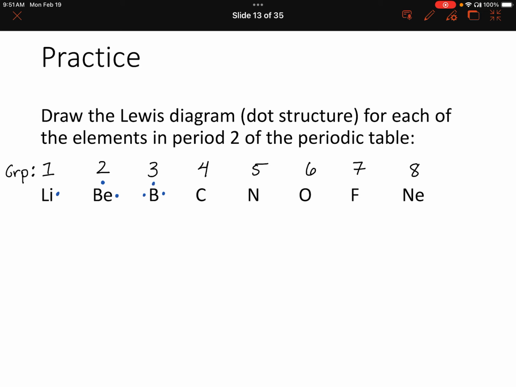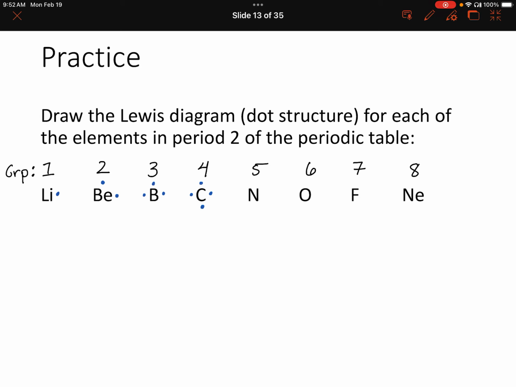And in the next chapter, we're going to see that it actually shares its 3 electrons with other atoms. So that's why we're separating the electrons for now. So let's look at carbon. Carbon has 4 valence electrons. So we'll put 1 on each side. So you can probably guess carbon can make 4 bonds.